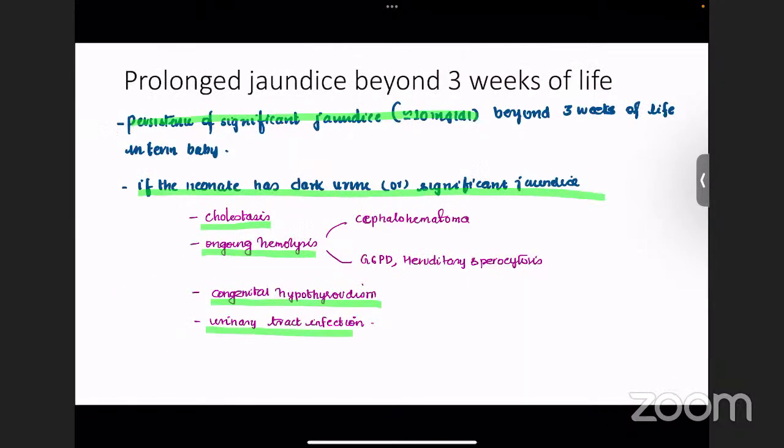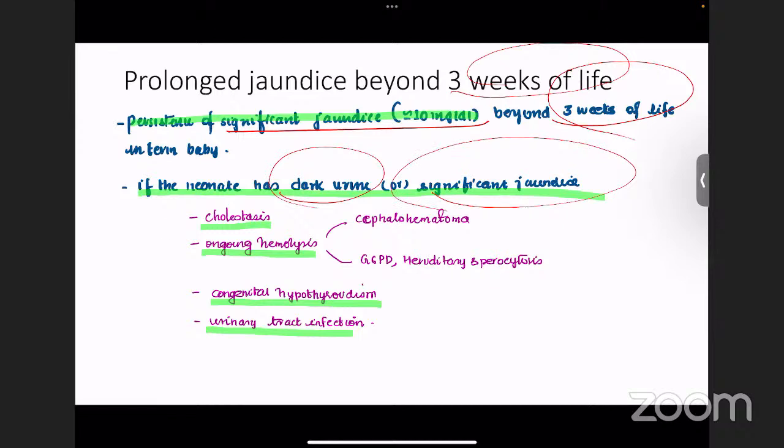Any prolonged jaundice, that is beyond 3 weeks of life, that is persistence of significant jaundice of more than 10 mg per deciliter beyond 3 weeks of life in a term neonate, or if a child has dark urine or significant jaundice, always rule out cholestasis. Then rule out ongoing hemolysis like G6PD, hereditary spherocytosis, or cephalohematoma, and congenital hypothyroidism.